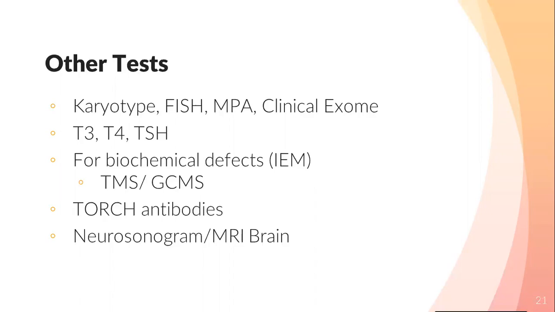There could be tests like karyotyping, which is basically assay of the chromosomes, or a technique called FISH, which assesses the chromosomes to see whether there is Down syndrome. There could be other genetic techniques like MLPA, clinical exome.